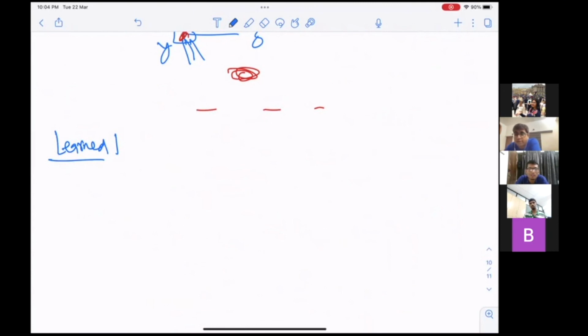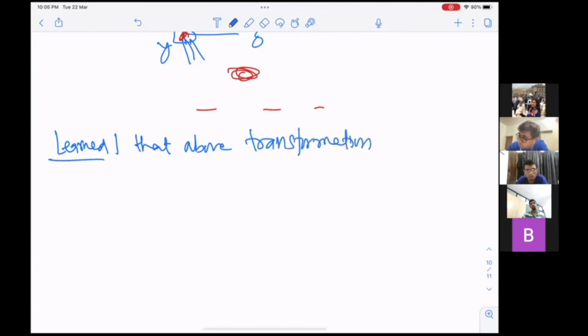We have to incorporate the fact that either X is in the solution or X is not in the solution. If X is not in the solution, then both Y and Z are in the solution. So we will do the following transformation. We learned that the above transformation does not work.